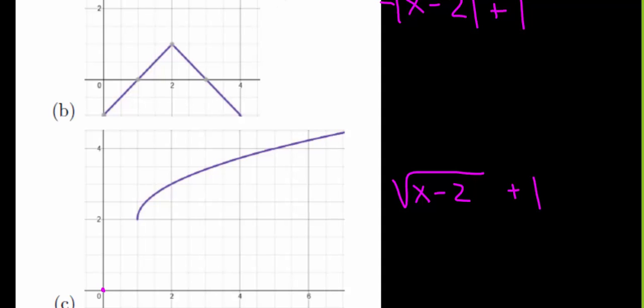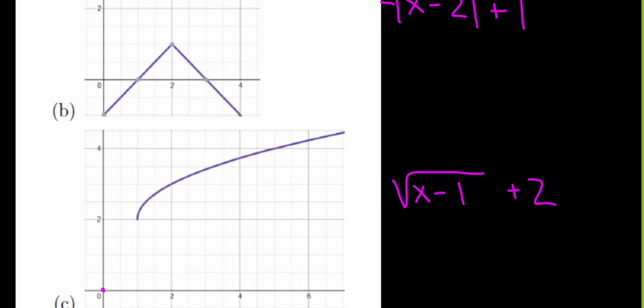No. Sorry, I got them backwards. X minus 2 plus 1, right? No, did I do it again? Hey, what's wrong? What's going on? X minus 1, I have to be calm, plus 2. I lost control.